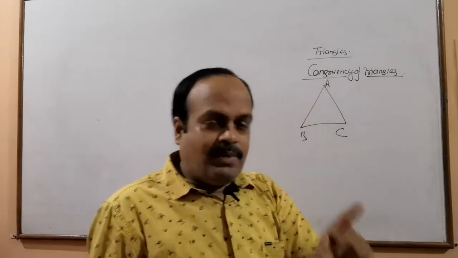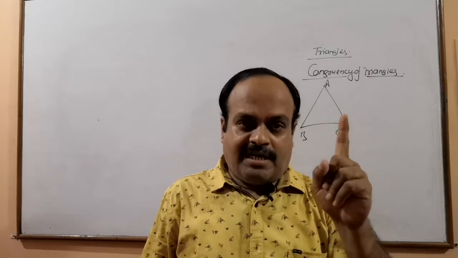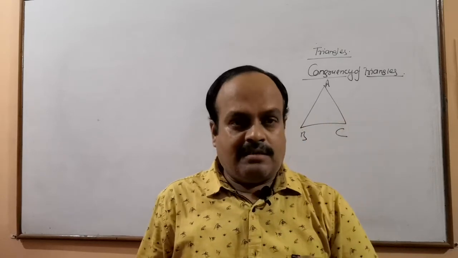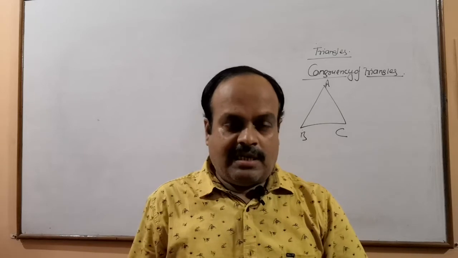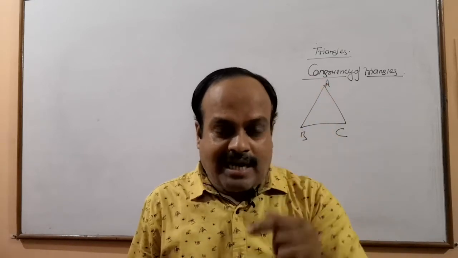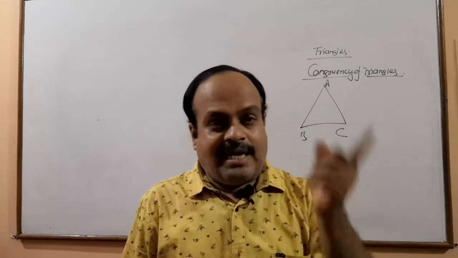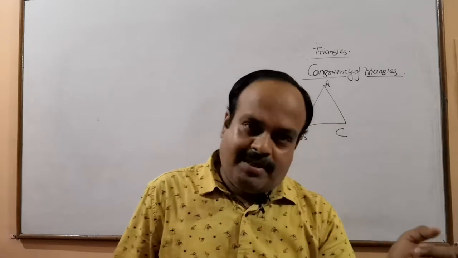So I hope you now know 3 things. Every triangle has 3 angles, 3 sides, and there is a side opposite to every angle. There is an angle opposite to every side.